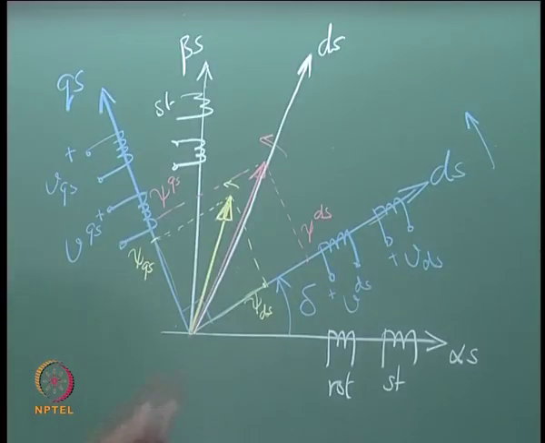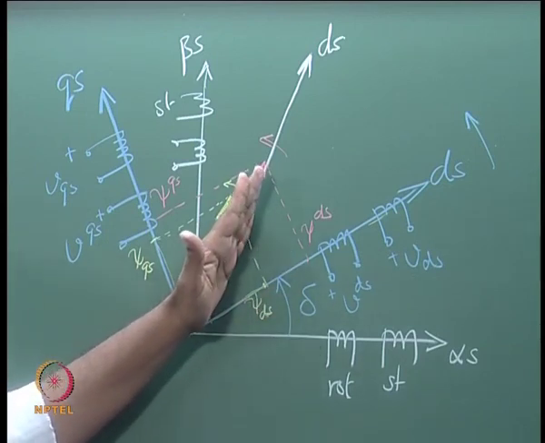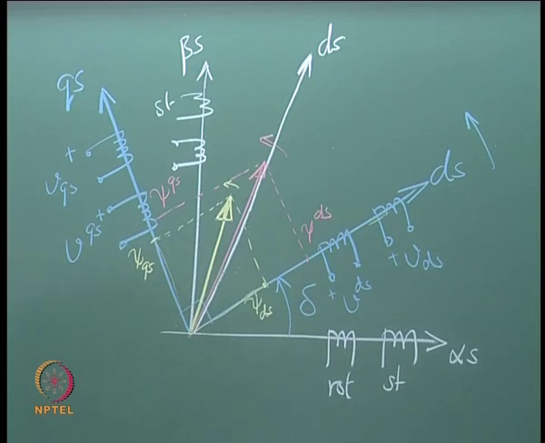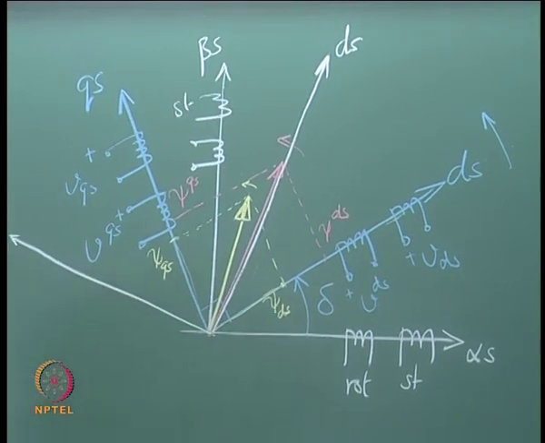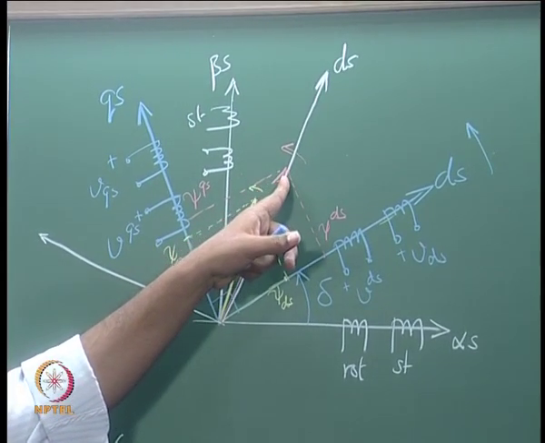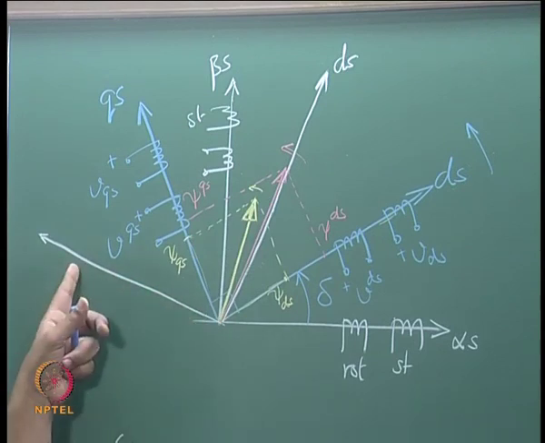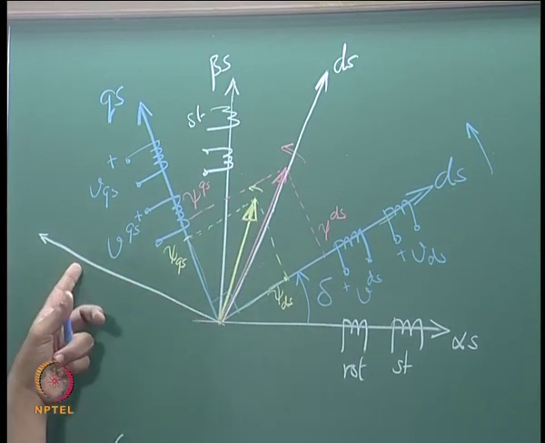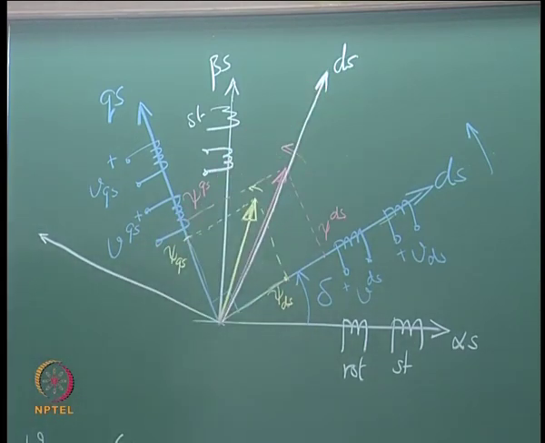I can select it anywhere I want, here, here or wherever it is, but supposing I choose it here, then the q axis would lie at an angle 90 degrees to this, which means somewhere here, and this space phasor psi of the rotor would not have anything along this q axis, no part along the q axis, it entirely lies only along the d axis.